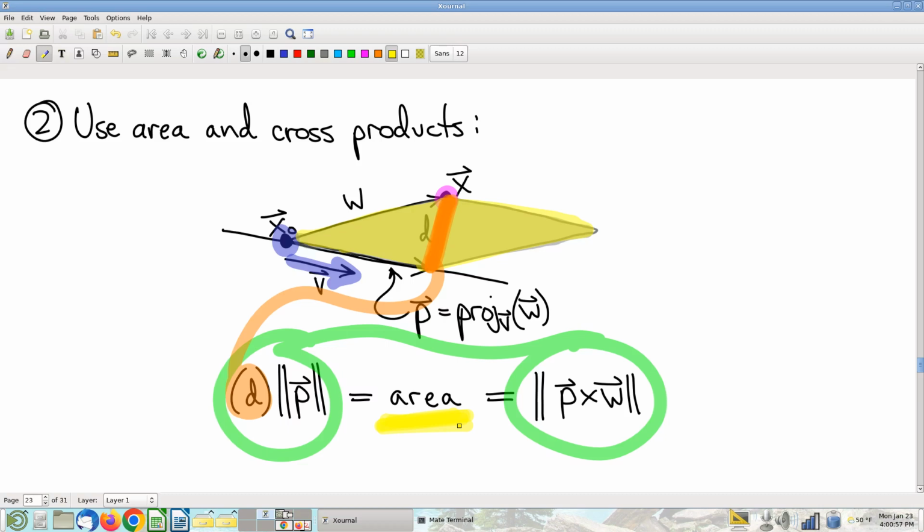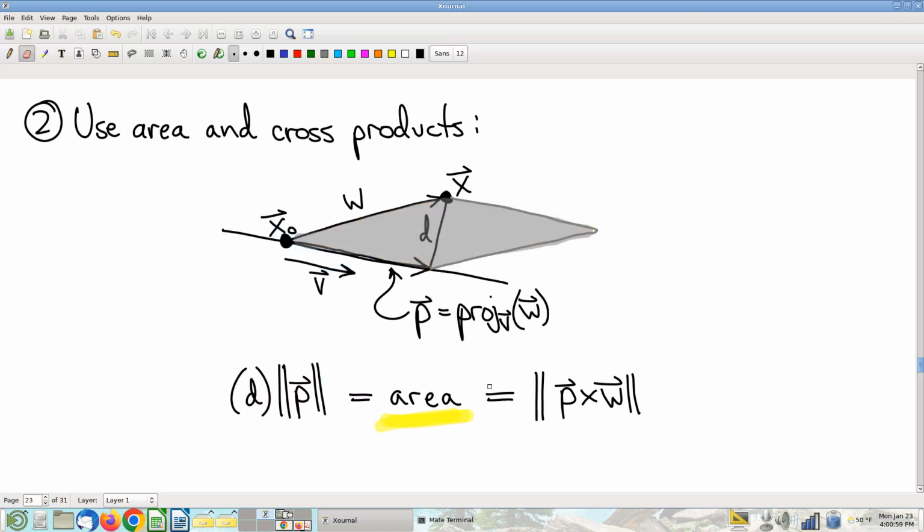Okay. All right, so yeah, how do we know this, you ask? Here is our parallelogram again. An old fact about parallelograms, you may recall from high school geometry, is that the area is equal to height times the base. And the height is the distance that I want.